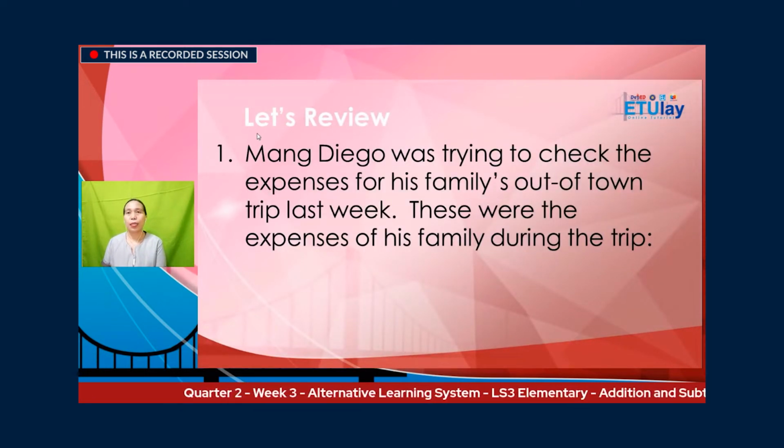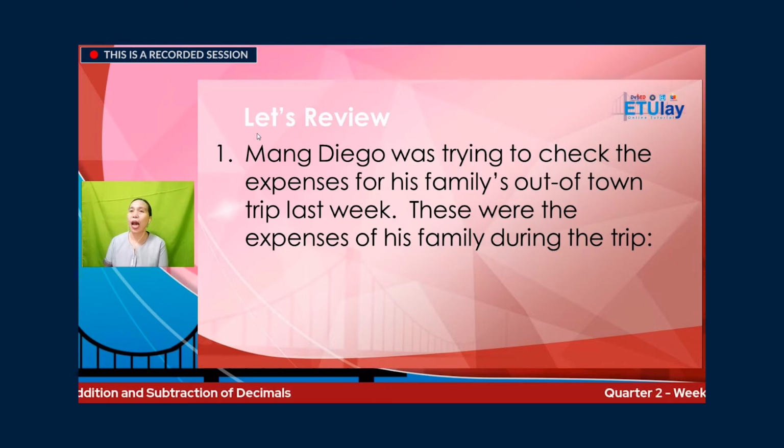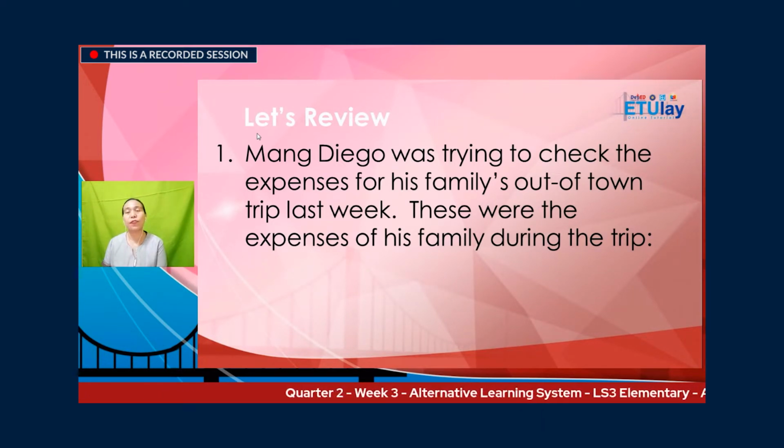Let's review best time. Number 1. Mang Diego was trying to check the expenses for his family's out-of-town trip last week. These were the expenses of his family during the trip.